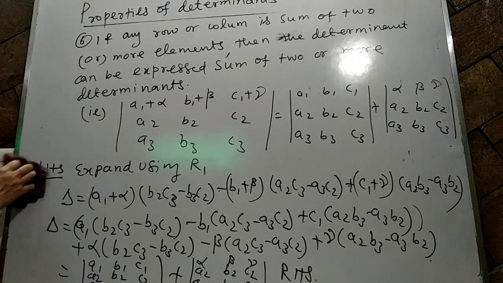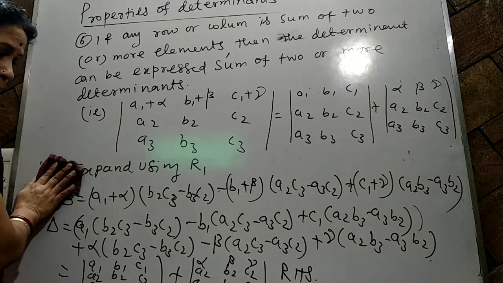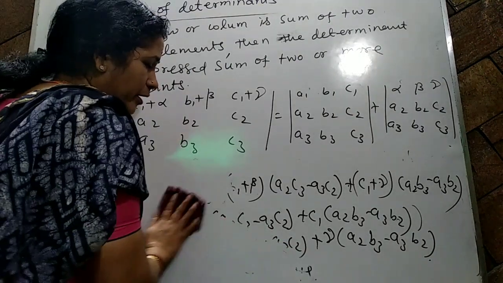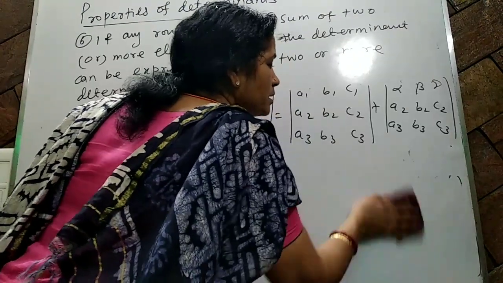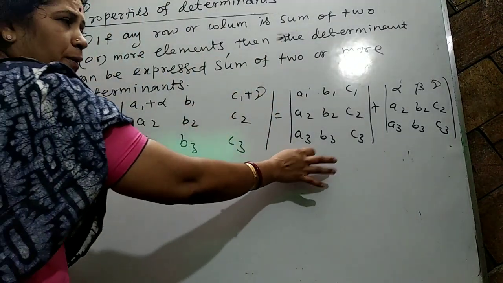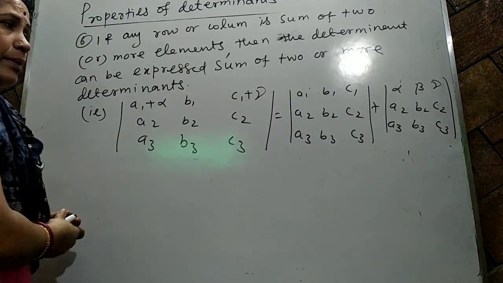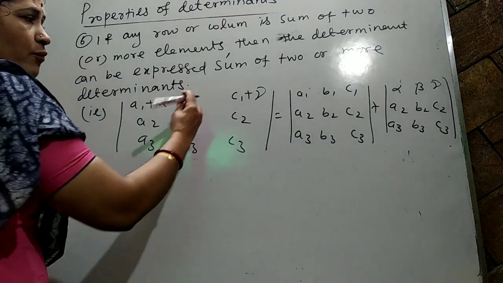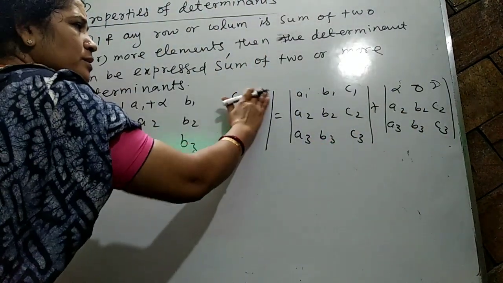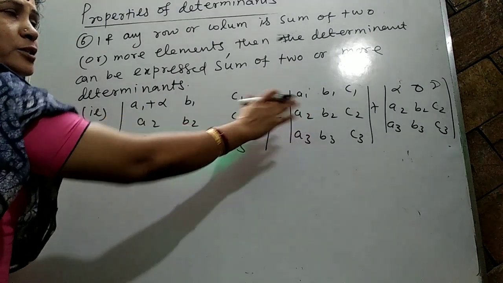Yes, ma'am. Beta, now listen, what I told you here in this property. Suppose there is no beta here. We can still split this determinant into two, but instead of beta there is no addition of another element, so here you have to write 0. Even if there is no gamma, we can still split into two.